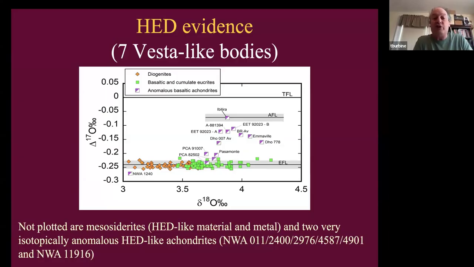But we looked at the oxygen isotope evidence and said there may be like 7 Vesta-like bodies, including the HEDs. It's big delta 17, the distance from the terrestrial fractionation line, so it kind of turns it on the side.